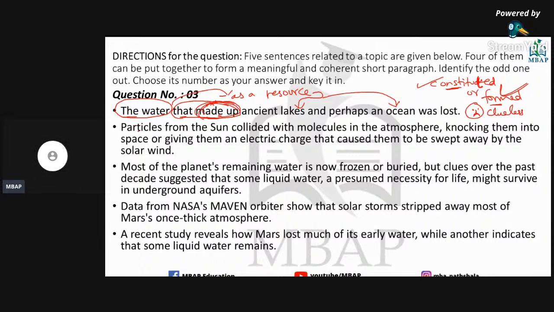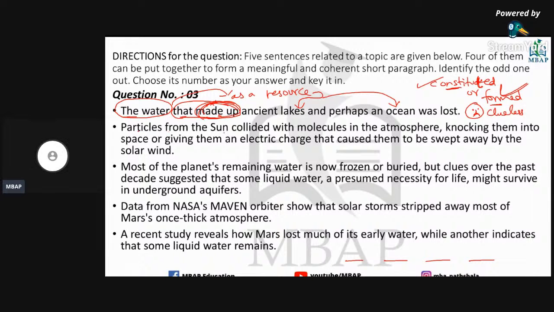We have no idea. There is no context being created here. Maybe after reading the second or third sentence, we will get a fair idea. So let's read now.